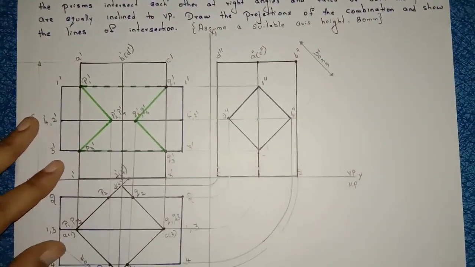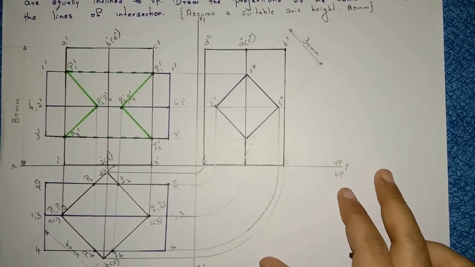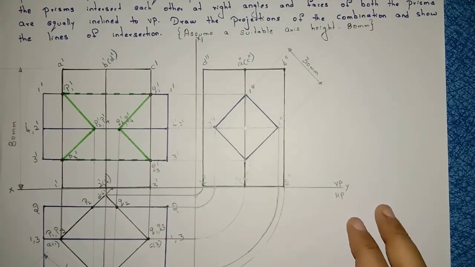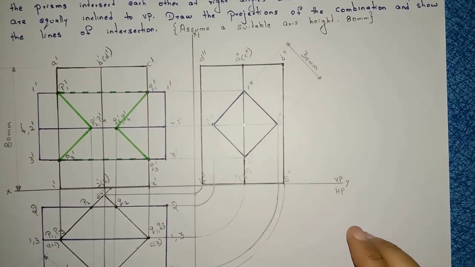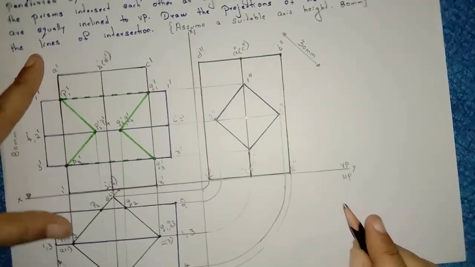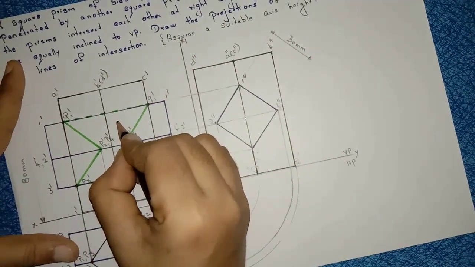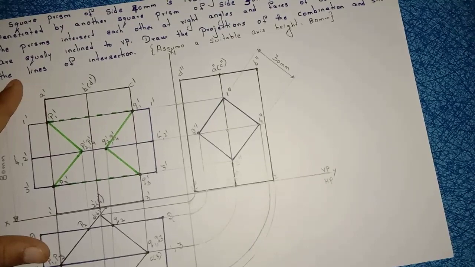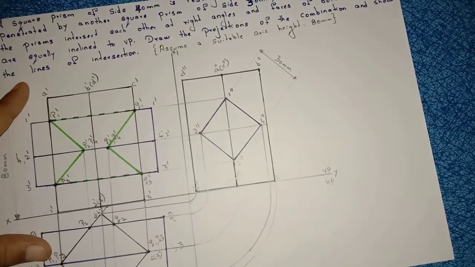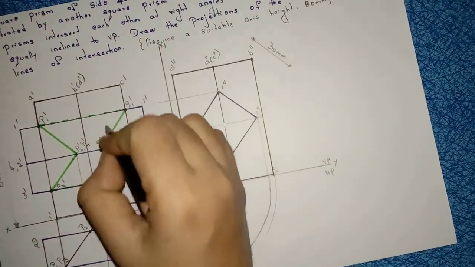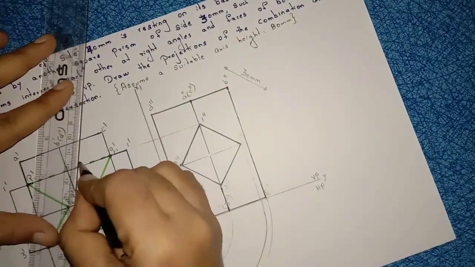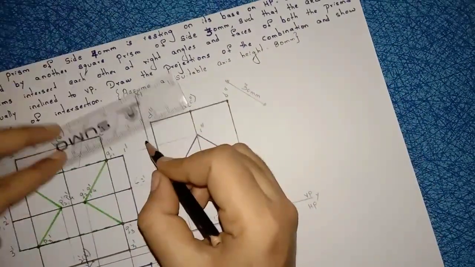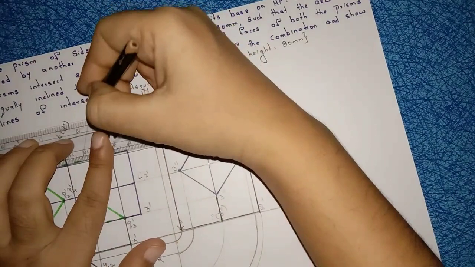Right? So this is your problem, square prism intersecting square prism, right? And here they asked to show lines of intersection. So this is your lines of intersection, right? You can indicate here lines of intersection.